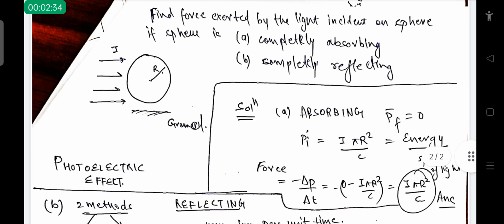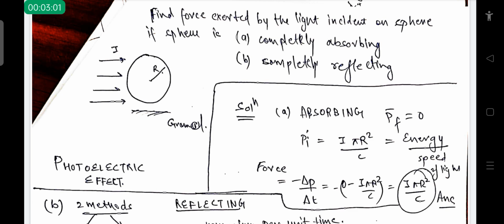For the first part, when the sphere is completely absorbing, the final momentum of the light would be zero. The initial momentum can be written as energy divided by the speed of light. We can dimensionally check that it is correct. The speed is that of light, 3 into 10 to the power 8 meters per second.